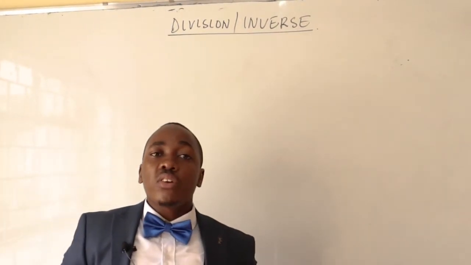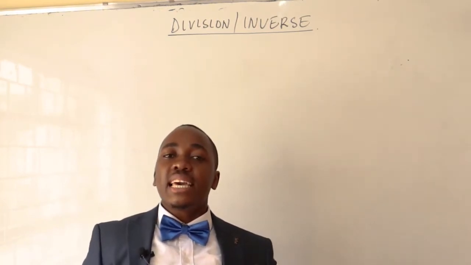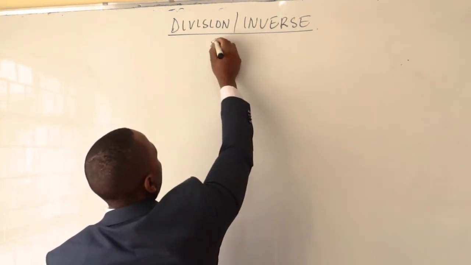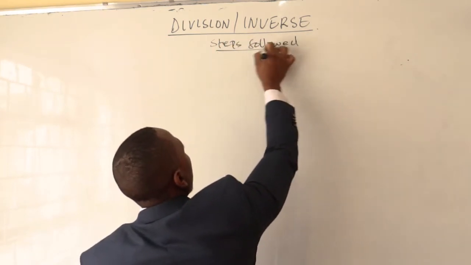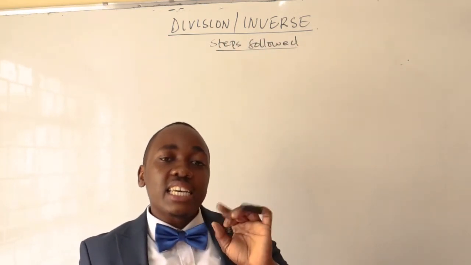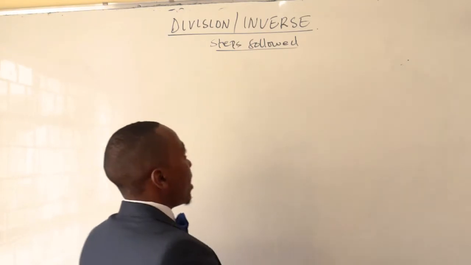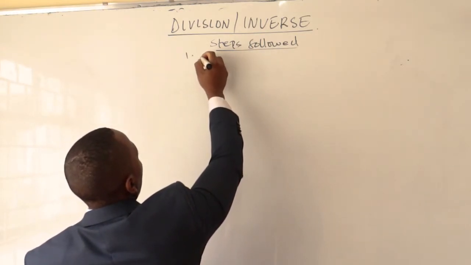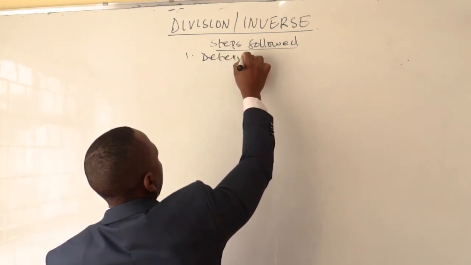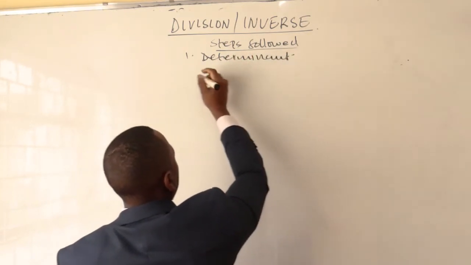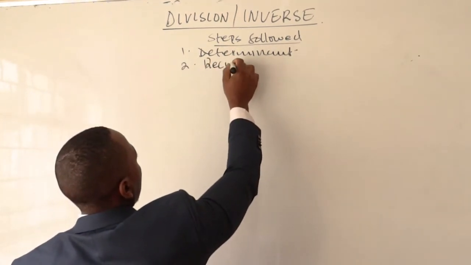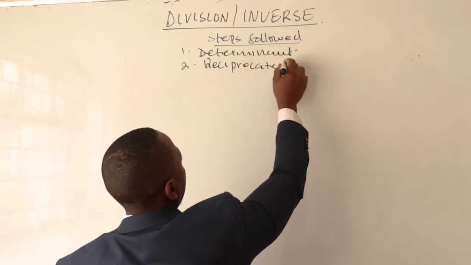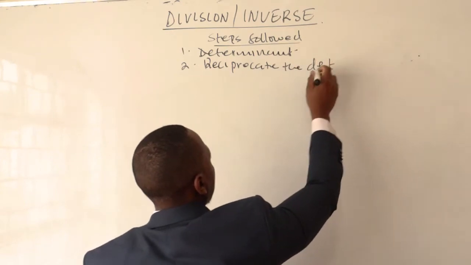Under division or inverse, what are the steps in getting the inverse? This is where you apply the steps that I had given you earlier. Step number 1, you compute the determinant. Step number 2, after you determine the determinant, you reciprocate it.